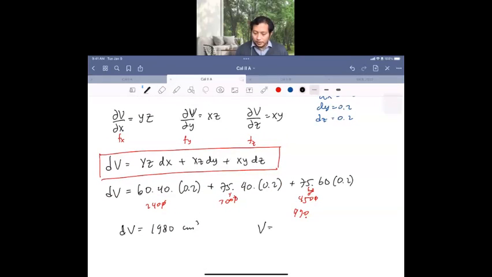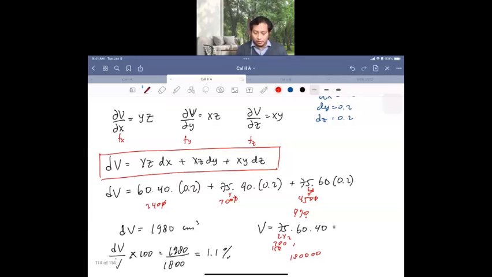Now the volume itself is 75, 60, 40. Okay, so the percentage will be dV over V multiplied by 100. So 1980 divided by the volume is almost 1.1%.